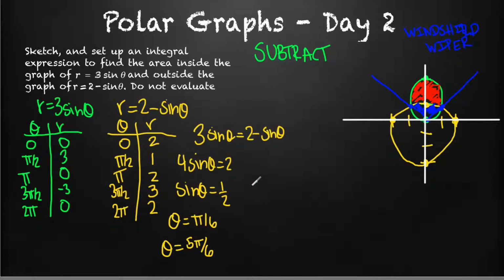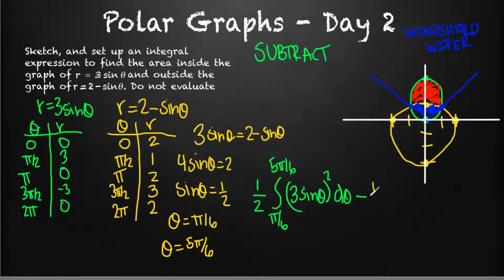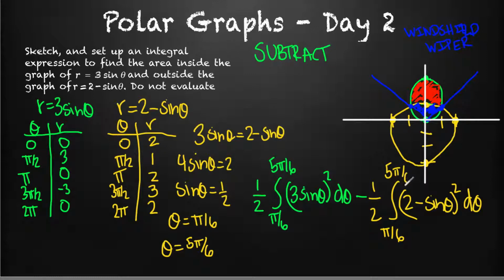So we're going to use our formula that we learned in the last video, 1/2 from pi over 6 to 5 pi over 6 of 3 sine of theta squared d theta, minus, now we're going to integrate the yellow curve, so that's going to be 1/2 of 2 minus sine of theta squared d theta, and it's also going to go from pi over 6 to 5 pi over 6.